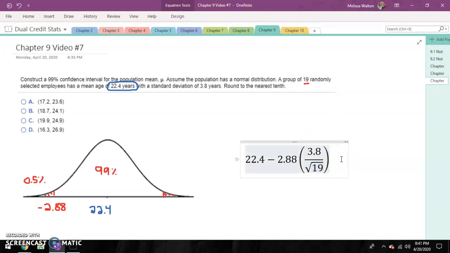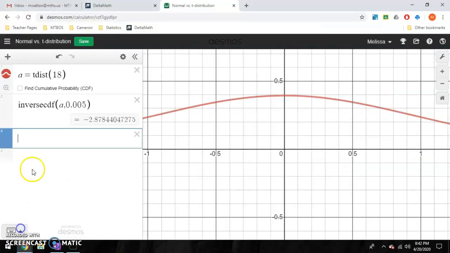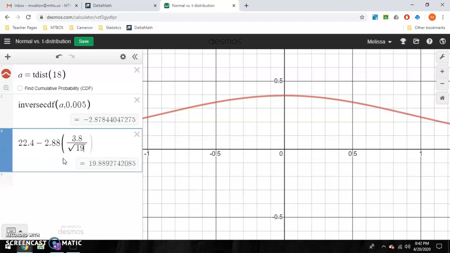And if I type that into a calculator, we should get our left endpoint. So let's try that. I have 22.4 minus 2.88 times 3.8 divided by the square root of 19. And my left endpoint for my low age is 19.89.